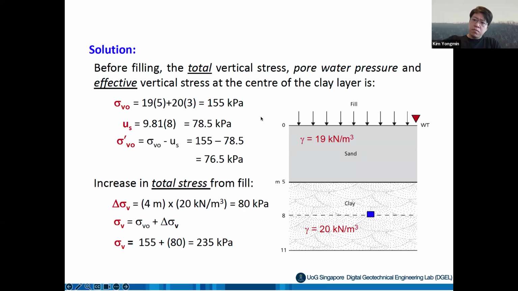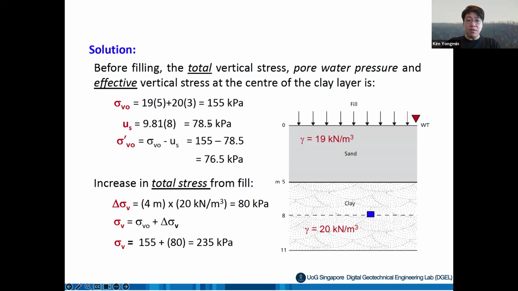I prove gamma prime. You forgot gamma prime. Why suddenly 19, which is the saturated, right? Wait. I also calculate water: 9.81 times 5, 9.81 times 3.